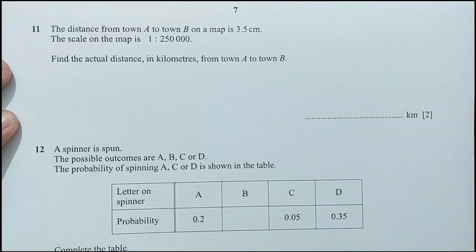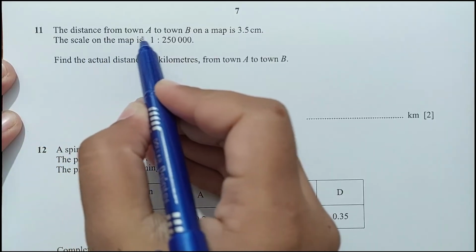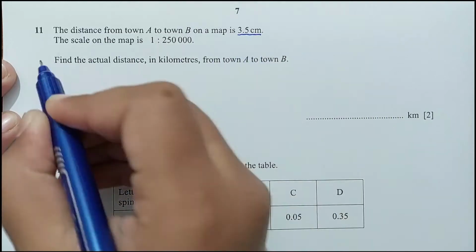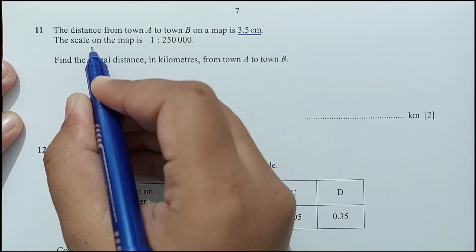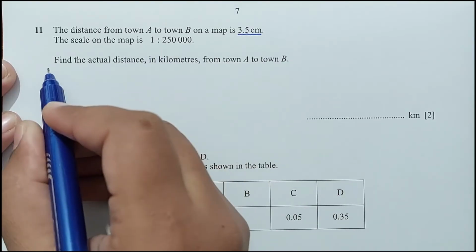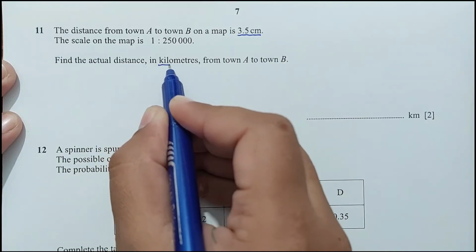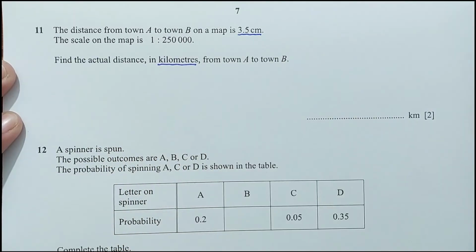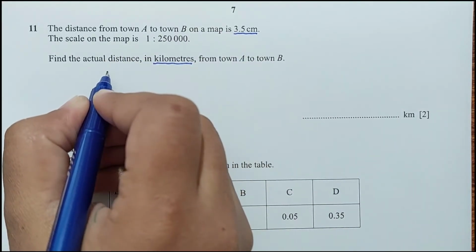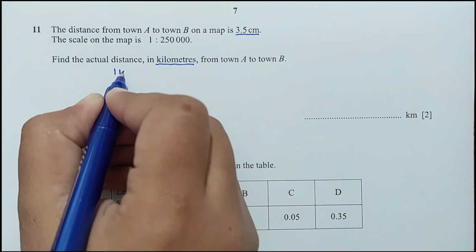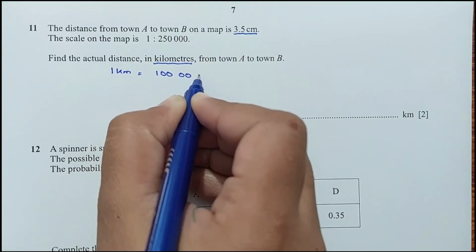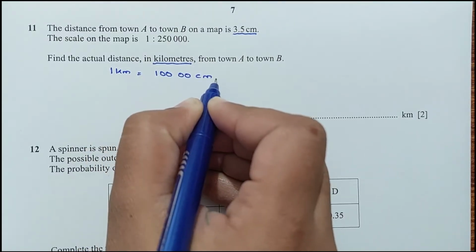Question number 11. The distance from town A to town B on the map is 3.5 centimeters. The scale on the map is 1:250,000. Find the actual distance in kilometers from town A to town B. Okay, so we know the conversion that 1 kilometer has 100,000 centimeters, right?